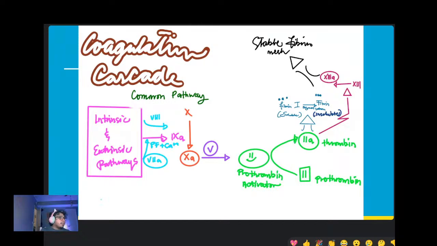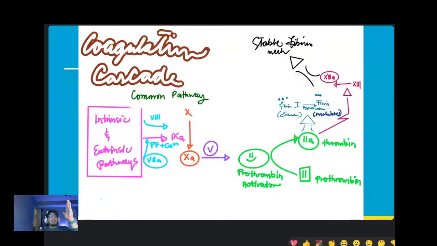The extrinsic pathway activates it via the activated factor 7. Okay? Activated factor 7 activates factor 9 which is also involved in the intrinsic pathway. Okay? But it can skip that part and go directly to factor 10. And it will activate factor 10.